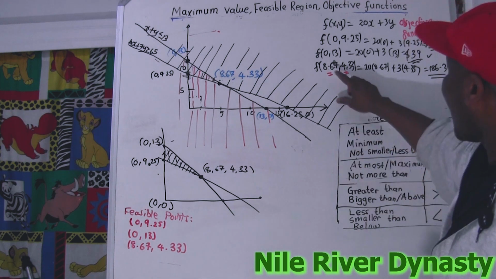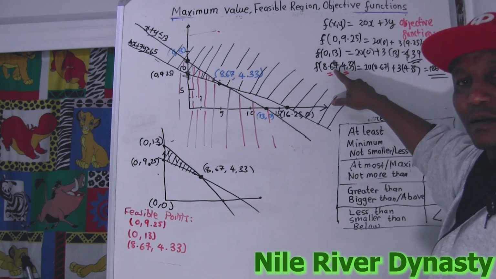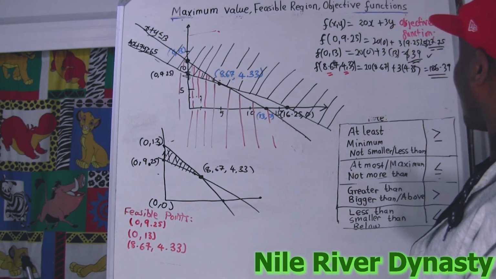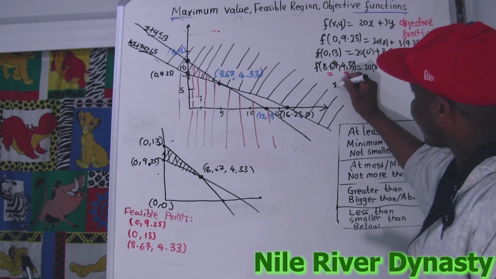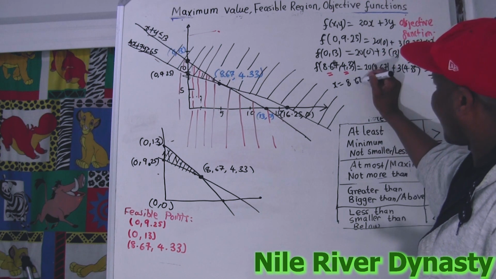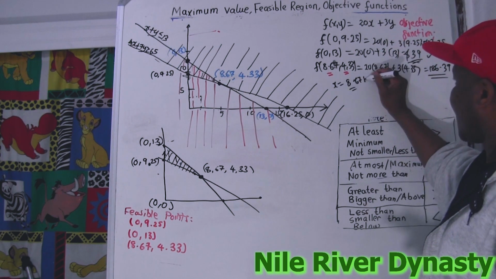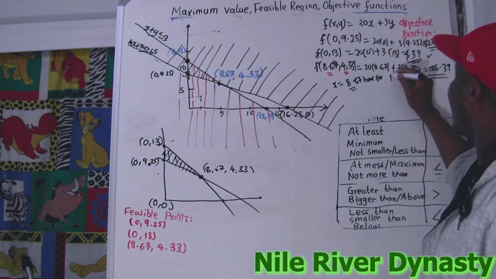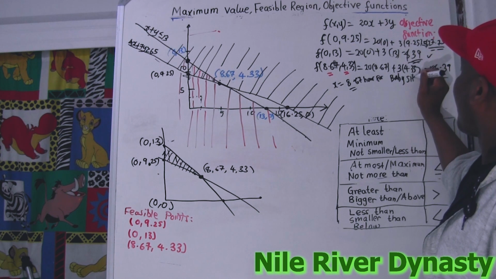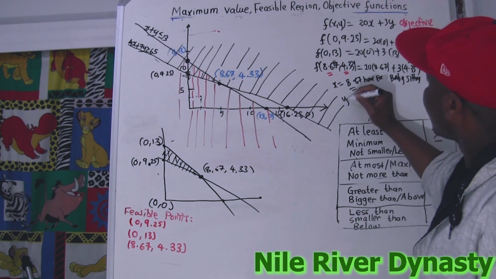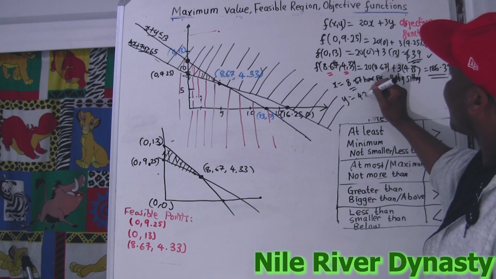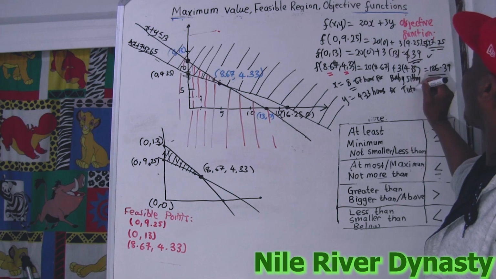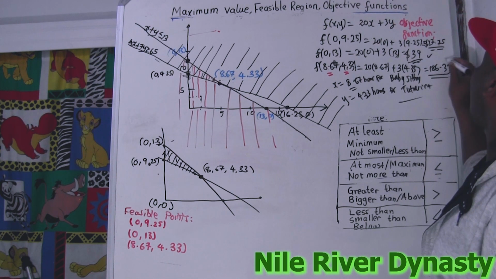So she needs to work 8.67 hours for babysitting, and y must be 4.33 hours for her teaching or tutoring, for her to make such an amount.